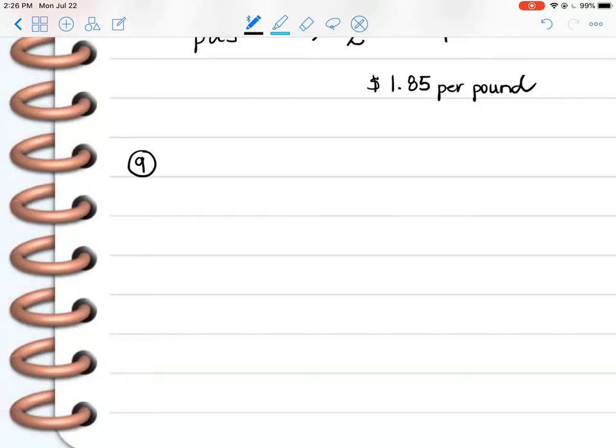Number 9. $1.88 for 10 ounces. So dollars and ounces. This may be soda or water. Let's divide by 10 so that we get 1 on the bottom.